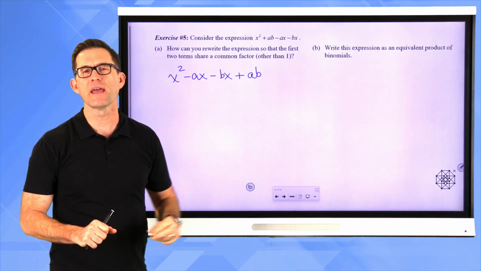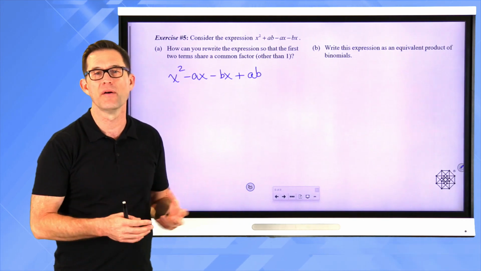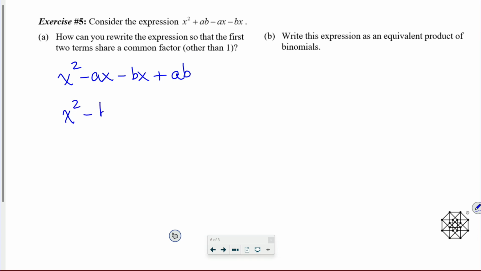I'm putting the plus ab at the end because it has no x in it, which is really truly the variable of this problem. But again, you could do it like this. It would have even been okay to do something like this. That would have also been fine.